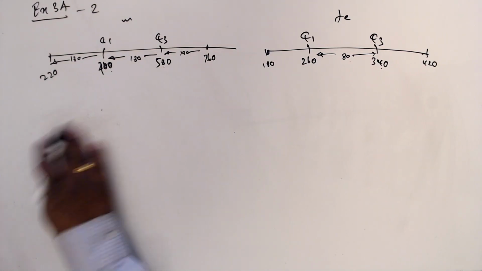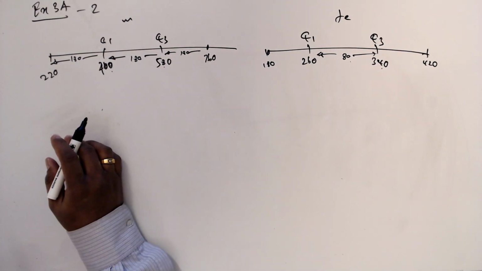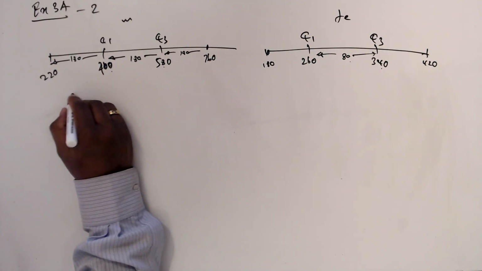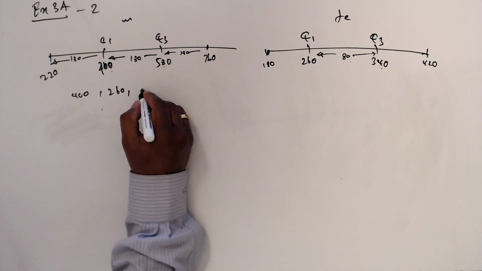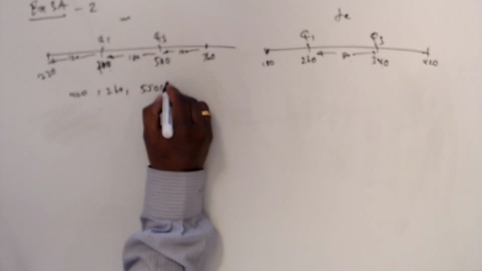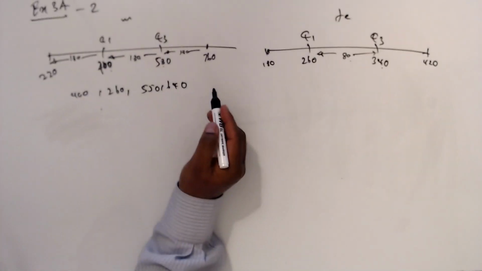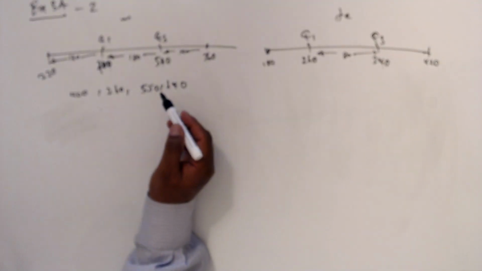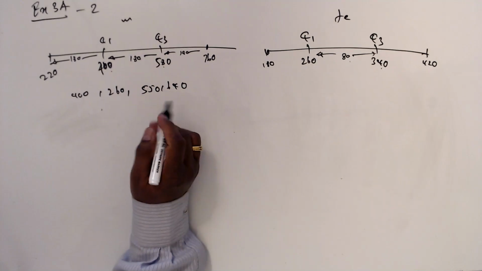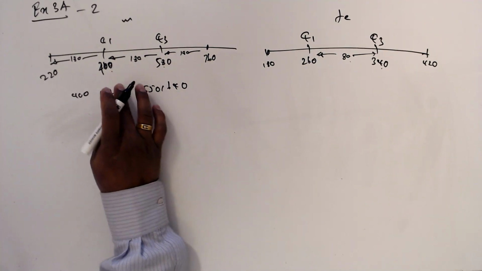Now, so male we have 400, 260, 550, and 640.